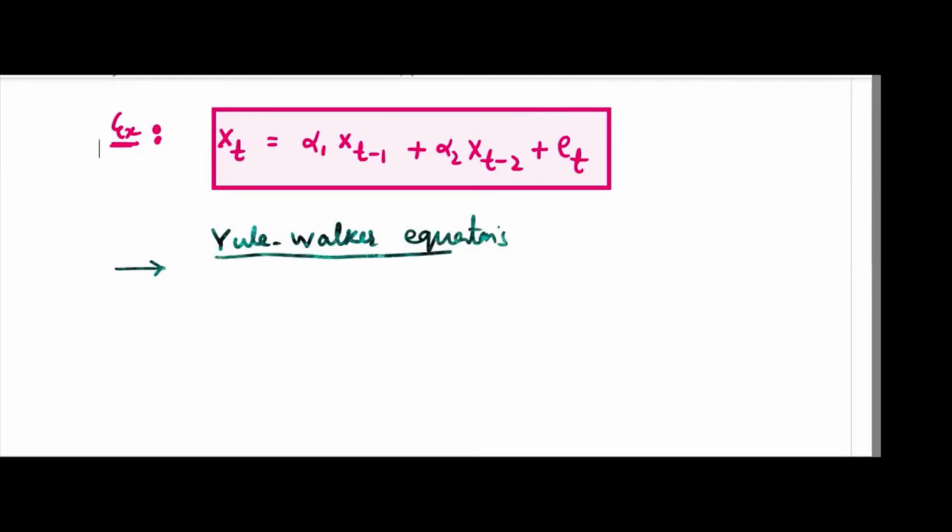Remember, whatever you have done by now will also be useful. But you should know Yule-Walker equations. Suppose you have an AR3 or AR4, quickly you will be able to write the equations. It will save a lot of time. So instead of writing all these things, directly you can write the equations.